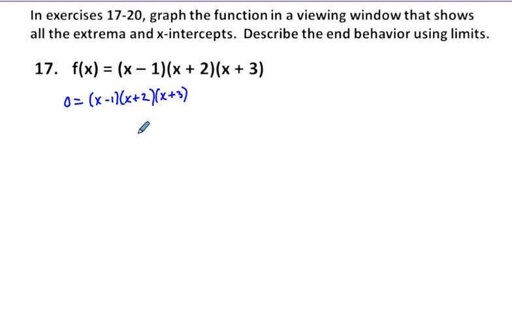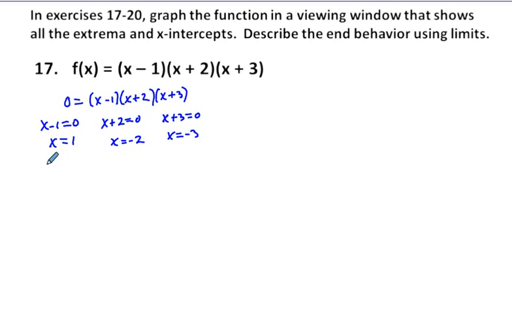We can use what we call the zero factor property, which is anything times 0 equals 0. So we have x minus 1 equals 0, and therefore x equals 1. That's one of our zeros. Then x plus 2 equals 0, therefore x equals negative 2, and finally x plus 3 equals 0, therefore x equals negative 3.